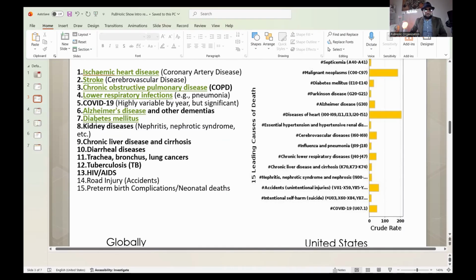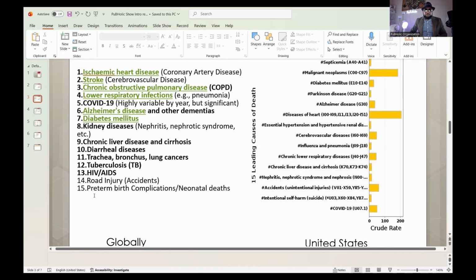Then obviously Alzheimer's disease, then diabetes, kidney disease, chronic liver disease and cirrhosis, diarrhea disease, trachea, bronchus, and lung cancers, tuberculosis, HIV and AIDS. Road injury accident here is number 14.